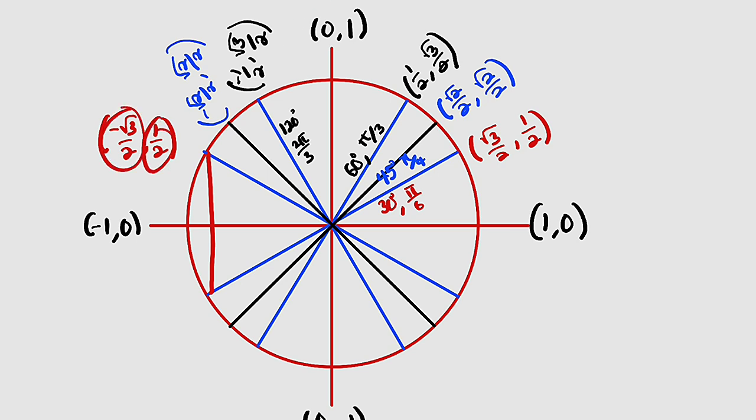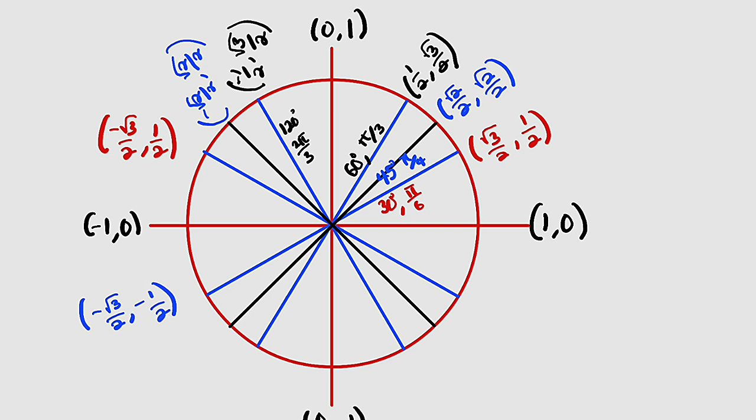For y, it will be the negative version of that because this is the negative y axis. So we have negative root 3 divided by 2, comma, negative 1 over 2. So if you're asked to find cosine of 210 degrees, it will be this, and sine of 210 degrees, it will be this as well.